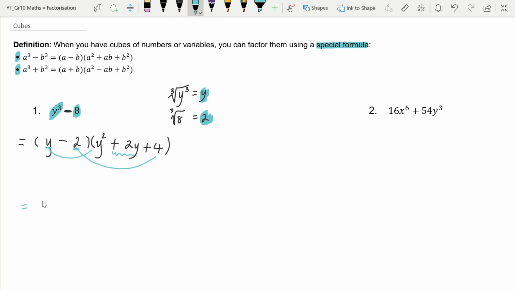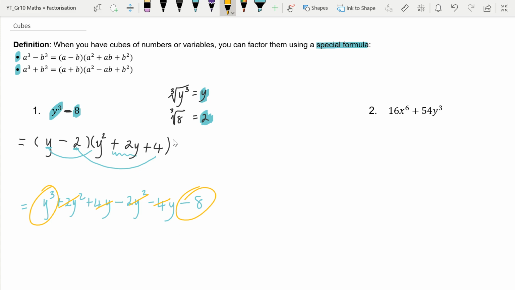So if we multiply that out, it's going to give us y to the power of 3 plus 2y squared plus 4y. So we're also practicing our simplifying skills. Minus 2y squared minus 4y, and then take away 8. If we look at that, do you see that those 2 will cancel out? These 2 will cancel out, and we are left with y to the power of 3 and 8, back to where we started.